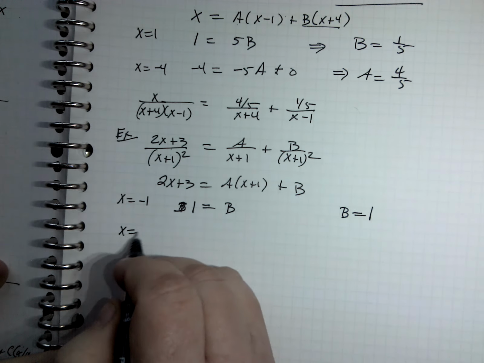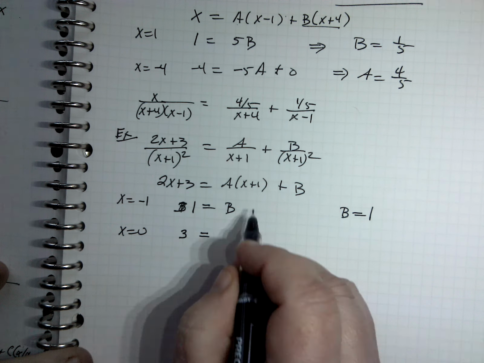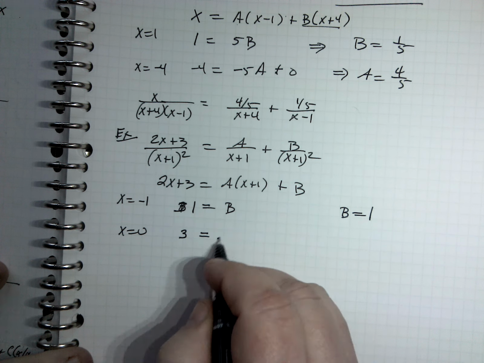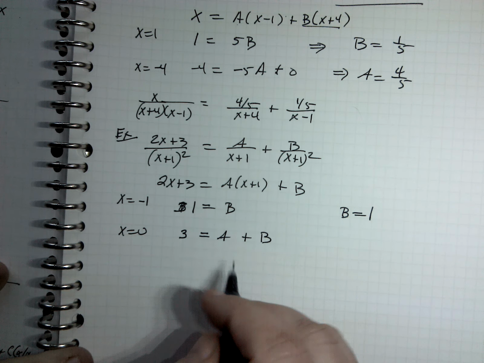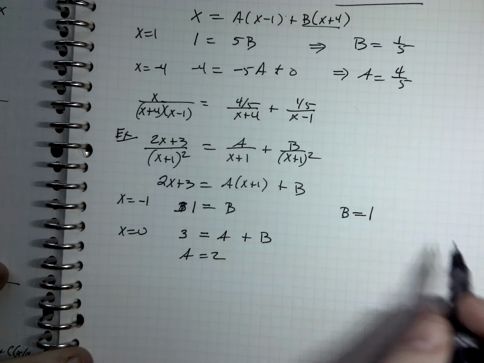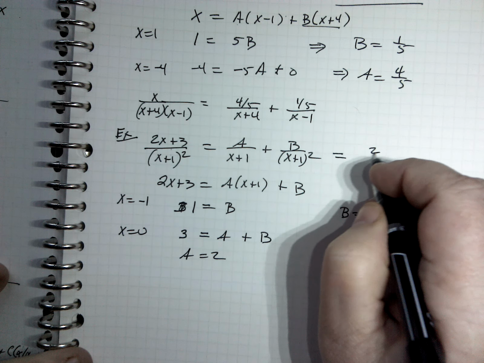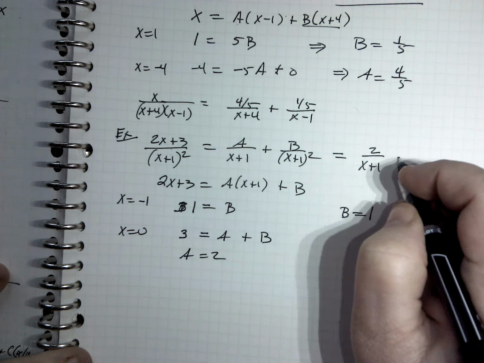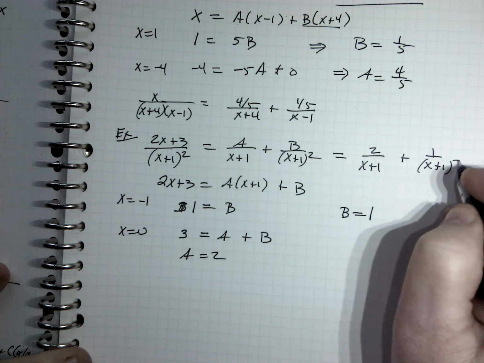If x equals 0, I'll have a 3 on the left. That's a 0. I have an a, and the b doesn't go away. b is equal to 1, so I subtract that over, and I'll get a equals 2. So breaking down this fraction, I will have 2 over x plus 1 plus 1 over (x plus 1) squared.